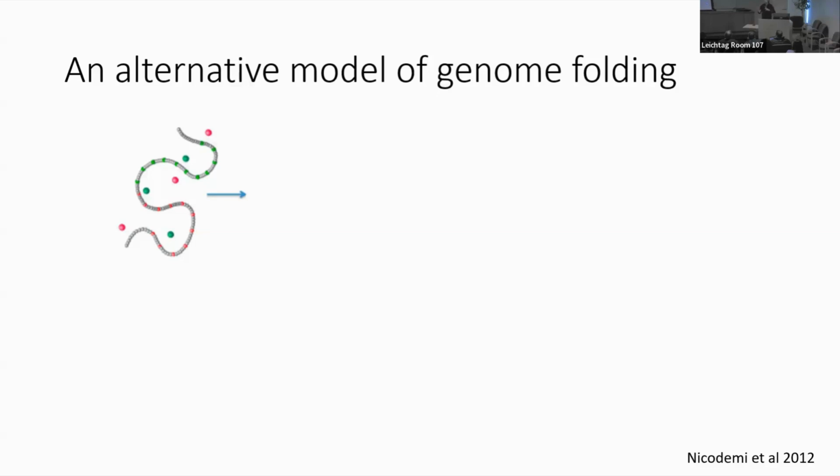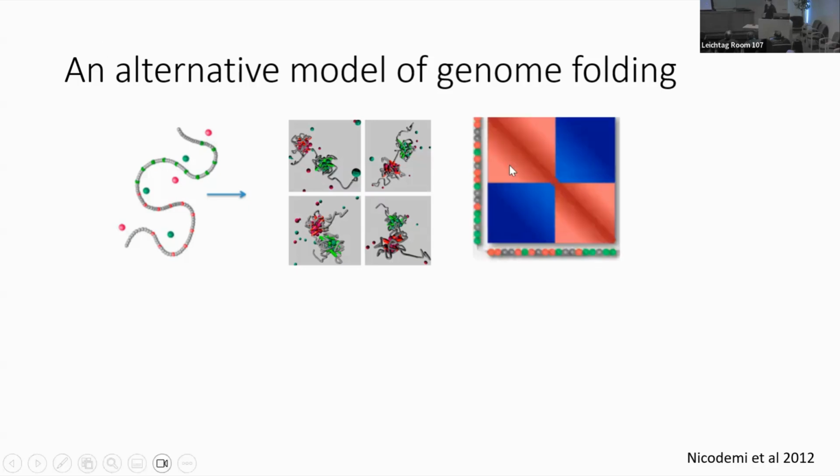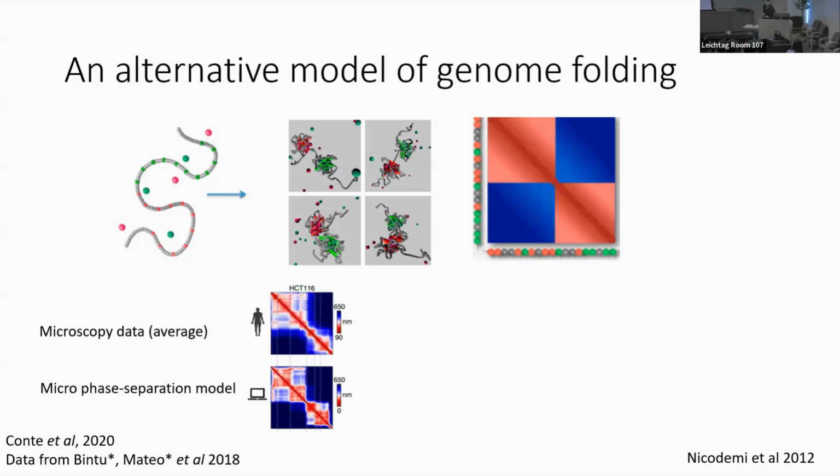The polymer is decorated by different sites. The green sites are bound by the green proteins, and they will cause all the green elements to stick together. The red ones are bound by the red proteins, and they cause the red elements to stick together. And in a very simple two-state model, you can get two things that on average also will look TAD-like, but in this case, invoke no motors.